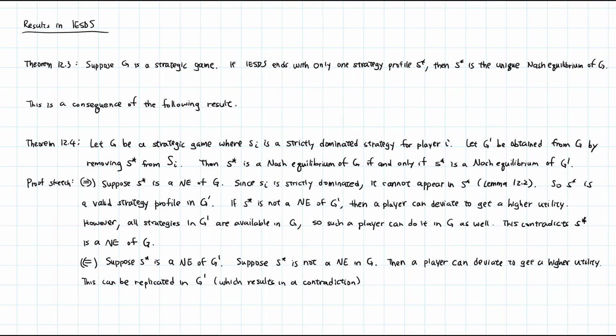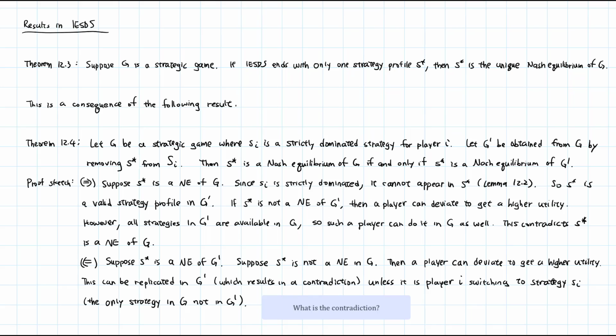But there is one possible way of doing this without causing this contradiction, and that is if player i switches to strategy Si, which is the only strategy in G that is not in G prime. So now, can you find a contradiction here? Now Si is a strictly dominated strategy.